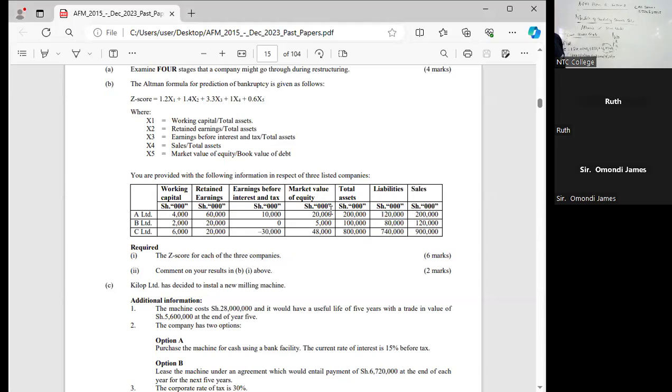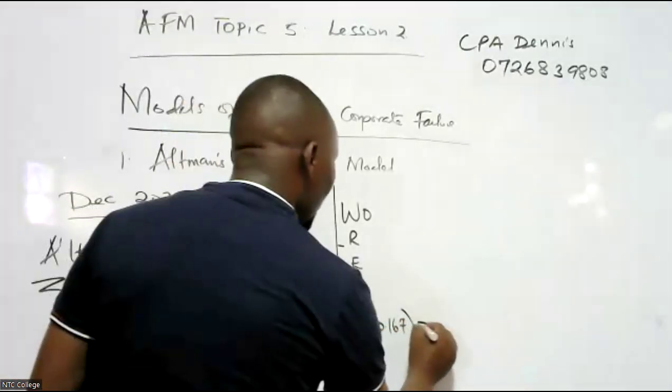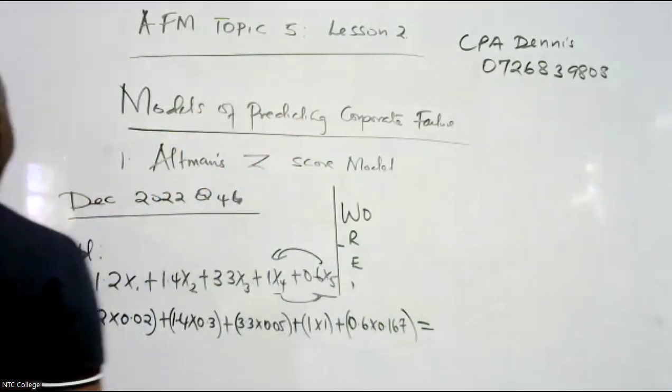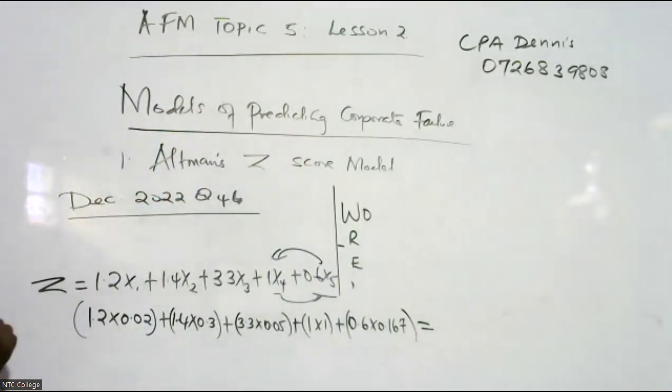So it is 20 divided by 120, 0.167. So you have 0.6 times 0.167. Can somebody get me the Z-score value of A Limited? We can even arrange them. We have here A Limited.